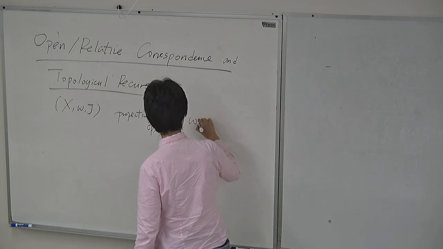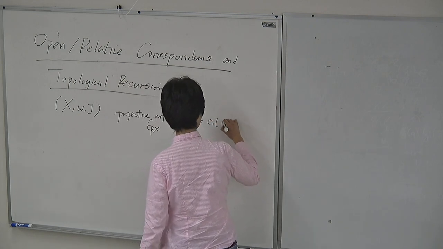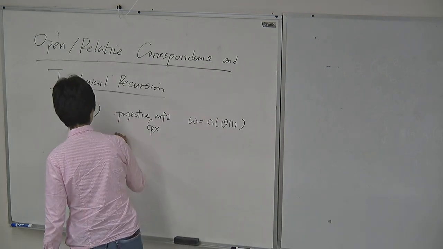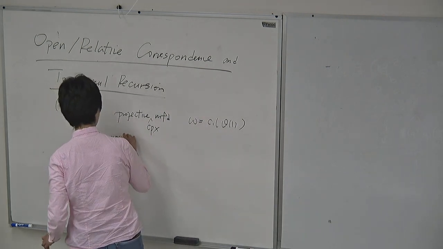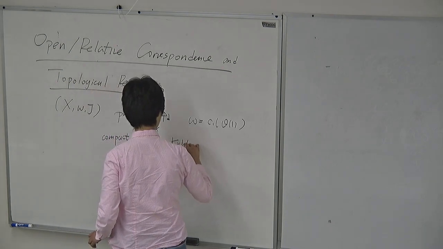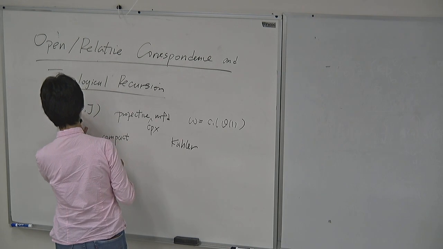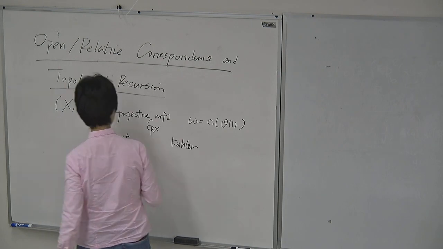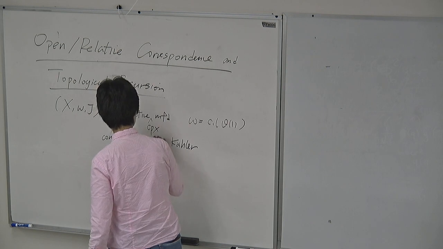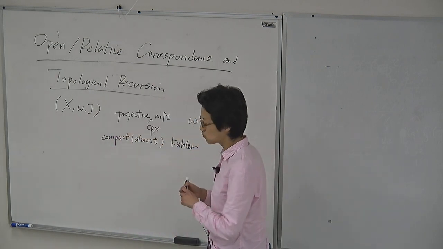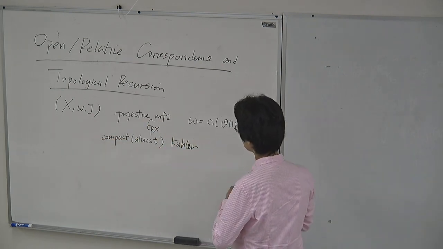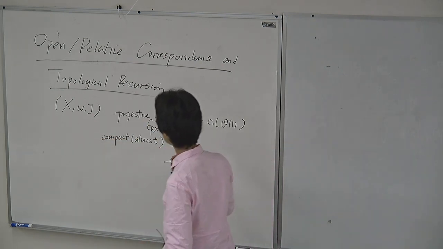So in this case, omega is the c1 of some polarization, or more generally, omega is a compact symplectic form, and this is a complex structure. We can more generally assume it's just almost complex, but today I'll mostly just deal with projective or quasi-projective manifolds.